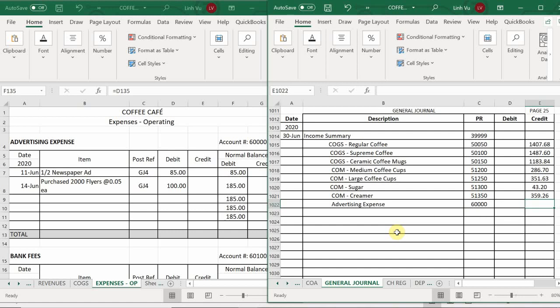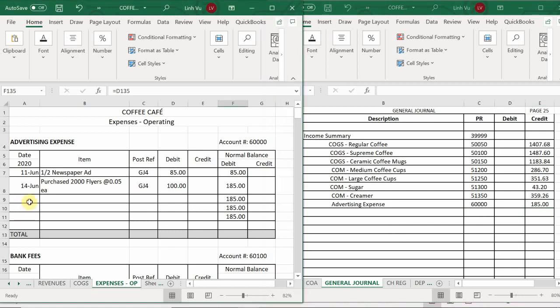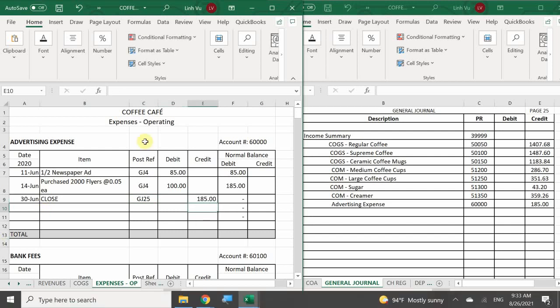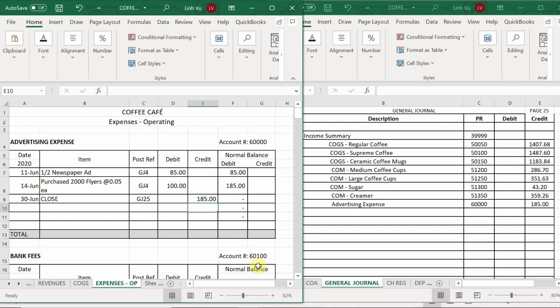The $185. 185 even. Okay. And then I'm going to update my ledger right now, saying we're going to close this account, General Journal 25, for a credit balance of 185. So that should give me a 0 balance in my advertising expense account.